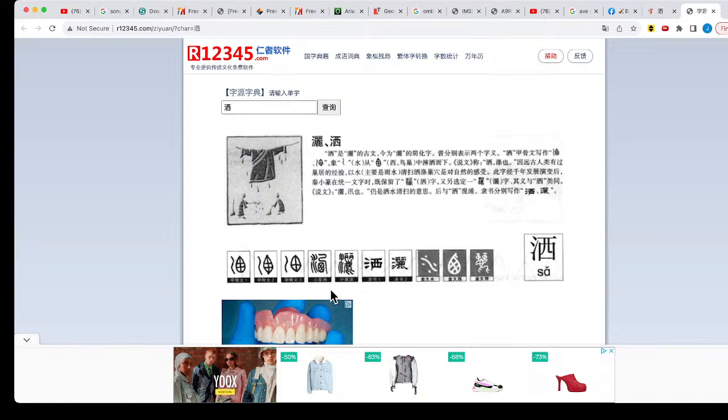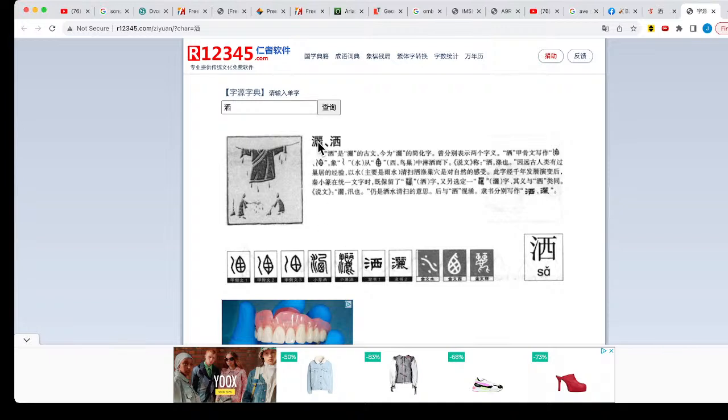But later on, they used a different character. It is similar, but on the left side they use the water part, and on the right hand side they still kept the bird's nest. Then at the time of the Qing Dynasty, they added another one, this one.